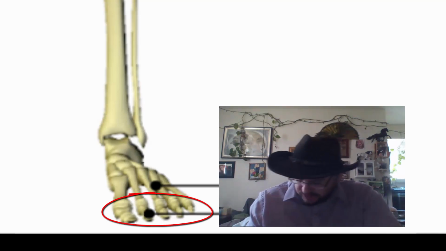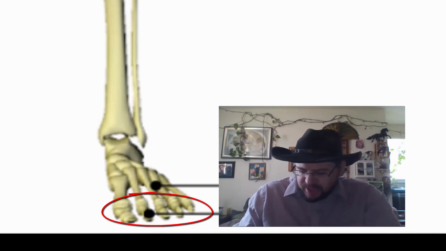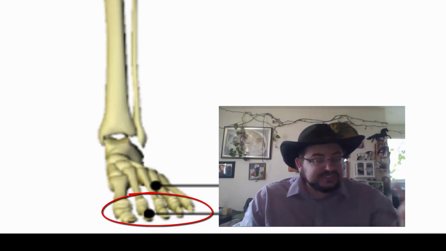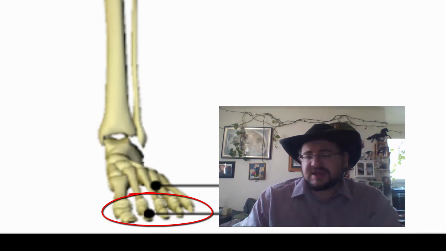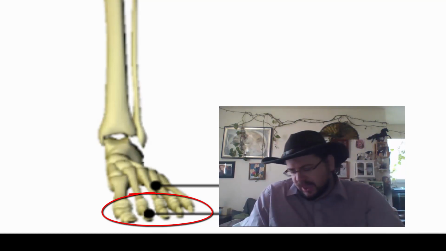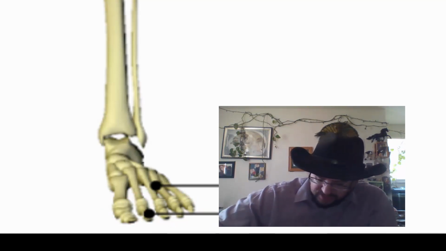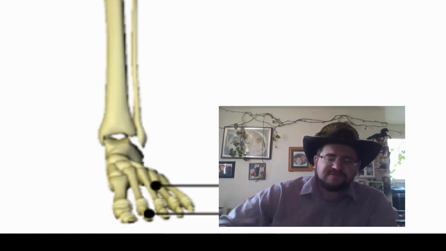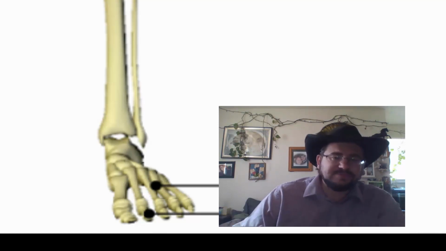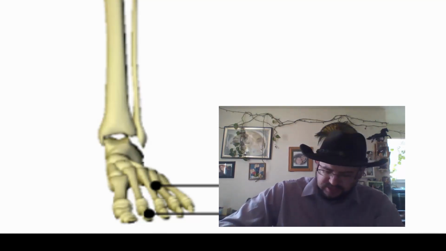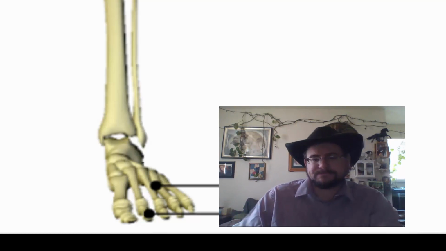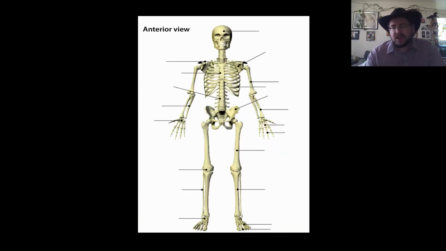The bones in your toes are the phalanges. And you have the same number of phalanges in your feet as in your hands. So if you were to very carefully look, you can find 3 phalanges for each toe except your big toe, which has 2. So, not too terrible.